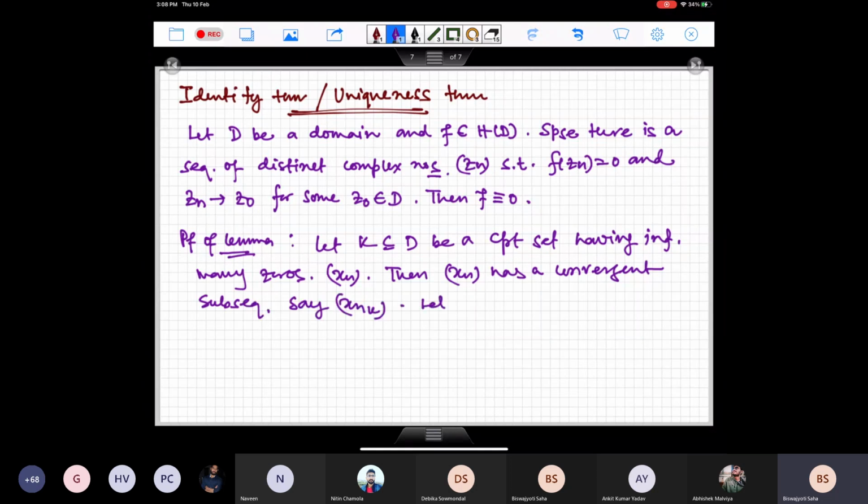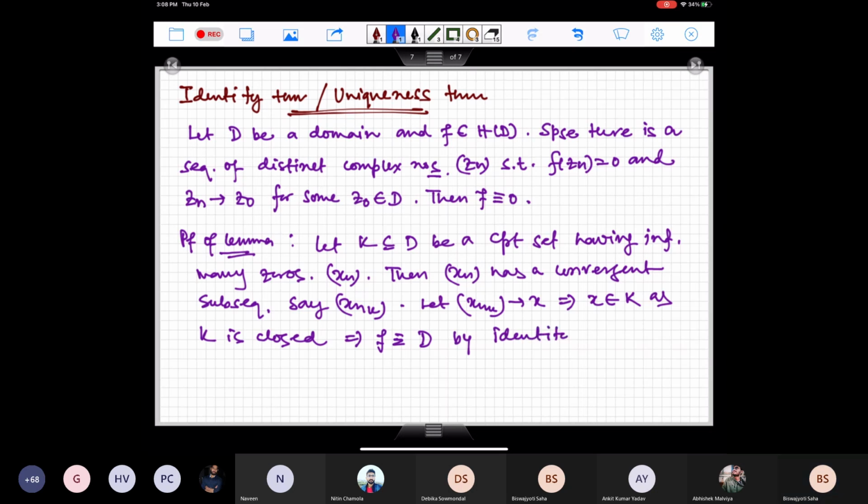So let x_{n_k} converge to x. Then this implies x belongs to K as K is closed, and then this implies f is identically 0 on D by the identity theorem.